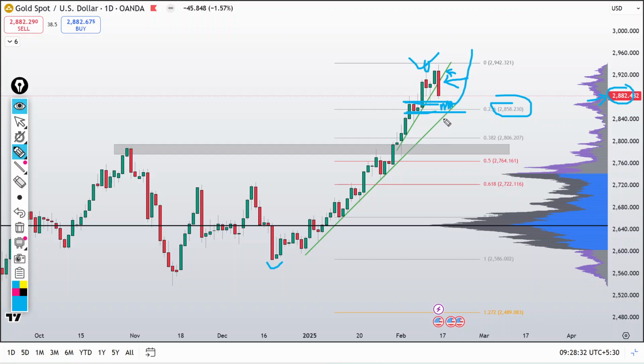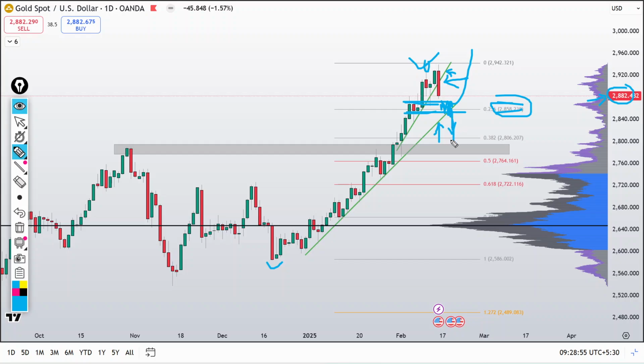Also, you can see this is the second trend line support. So if price breaks down from here, more downside is possible. On this area we have to wait for good volume and good price action patterns that suggest buying, then only we can buy.